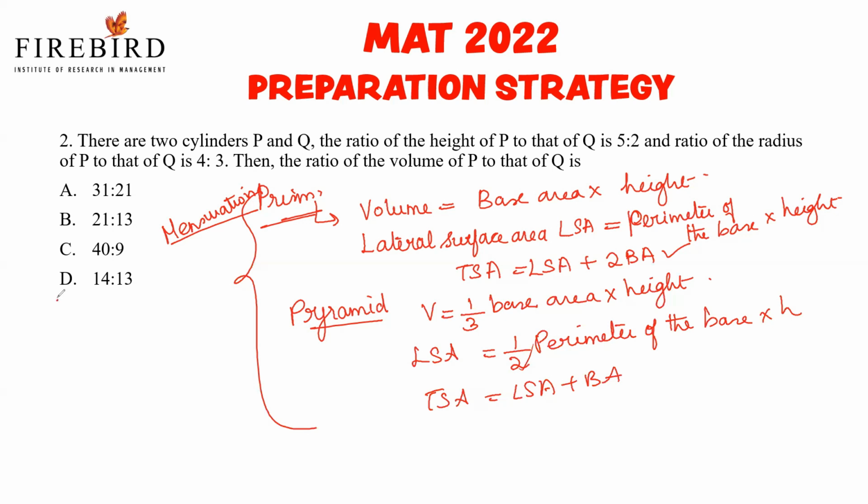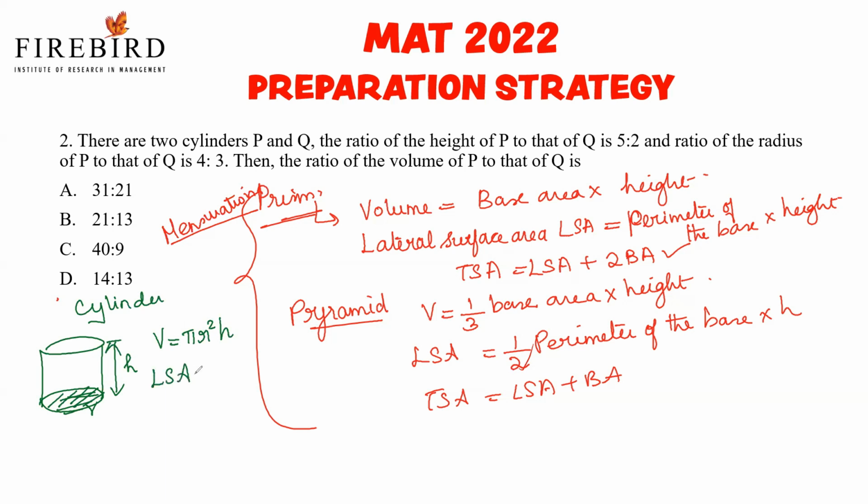Okay, let us consider cylinder. This is the shape of a cylinder. Its radius is r and height is h. What is the volume of a cylinder? Base area. Here, the base is a circle. The area of a circle is pi r square into height h.